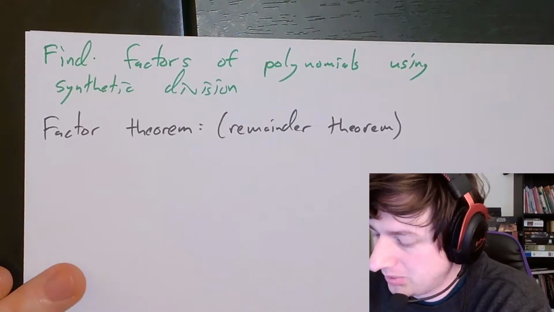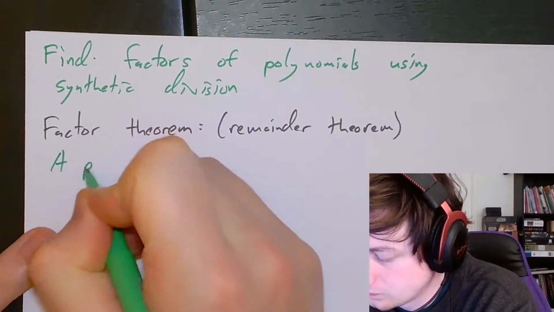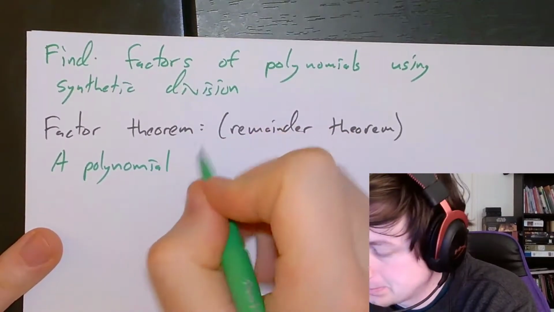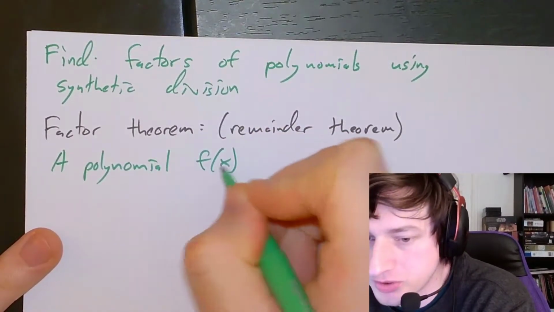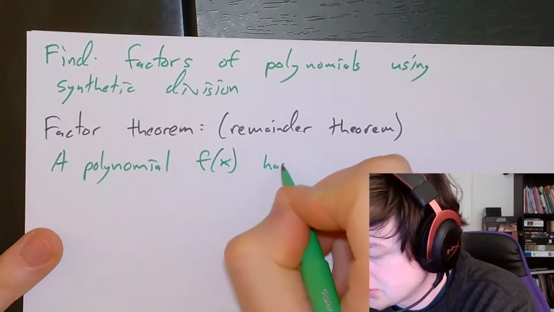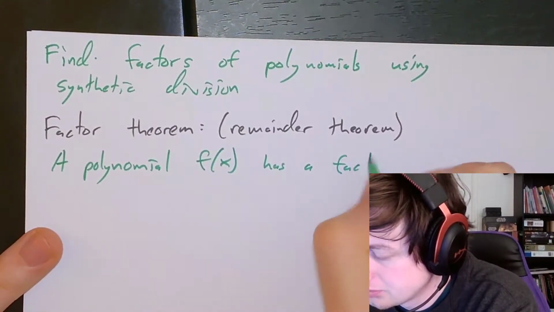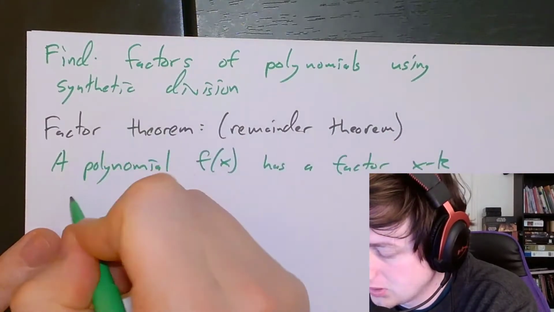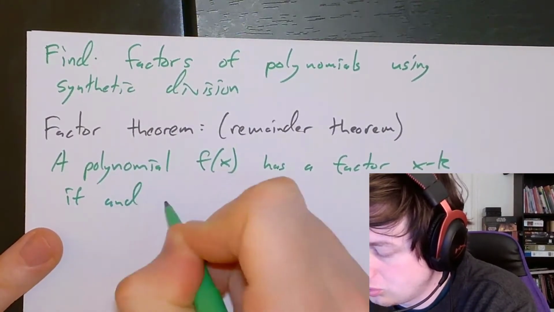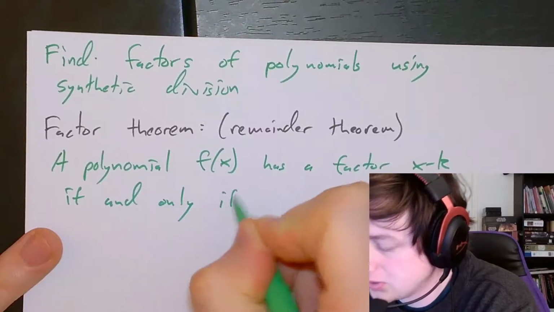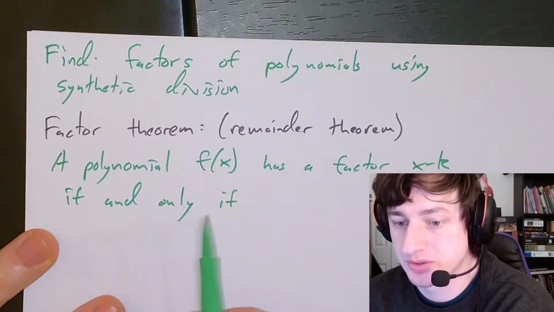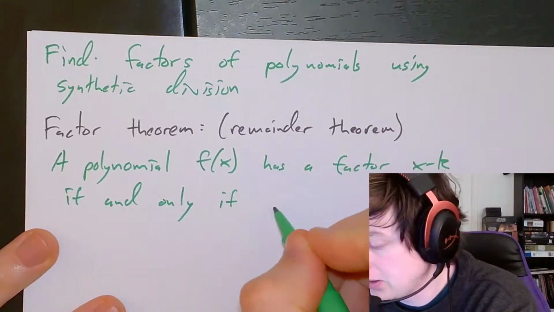a polynomial f of x, some function, has a factor x minus k if and only if f of k equals 0. So this is a special way to say this works both directions, this if and only if.